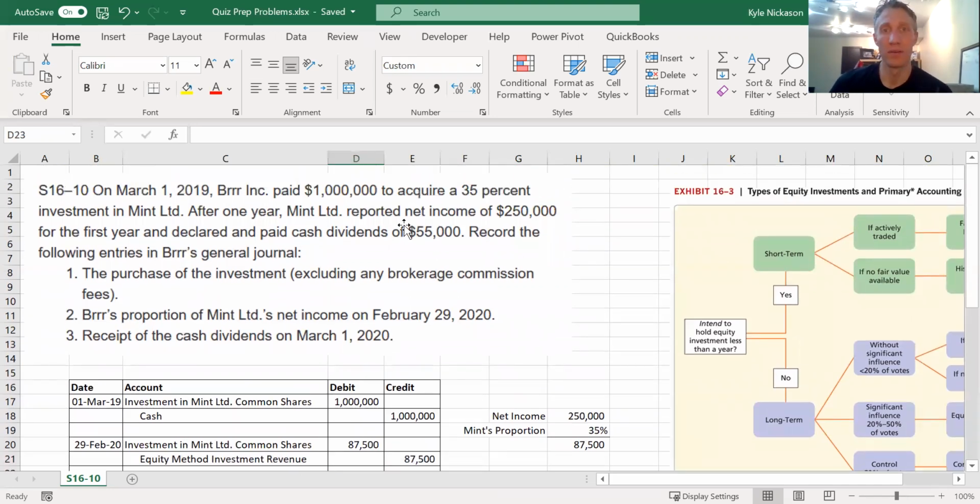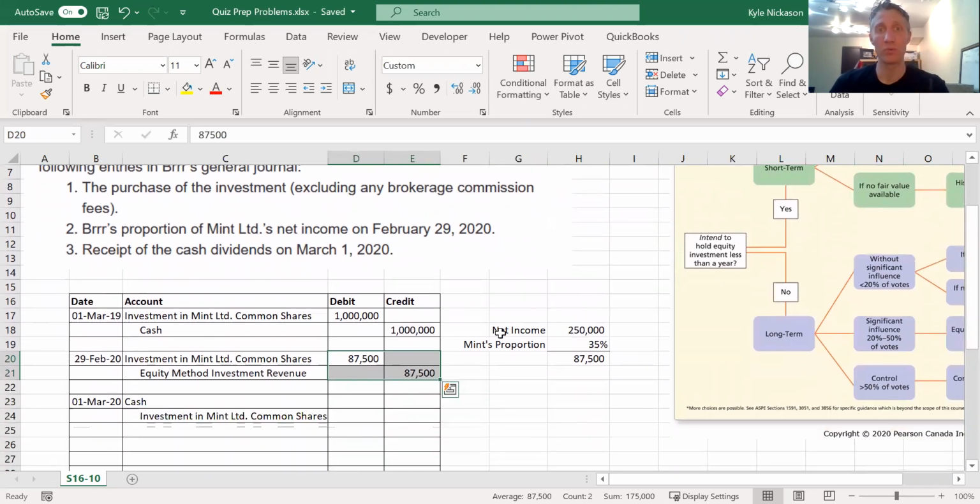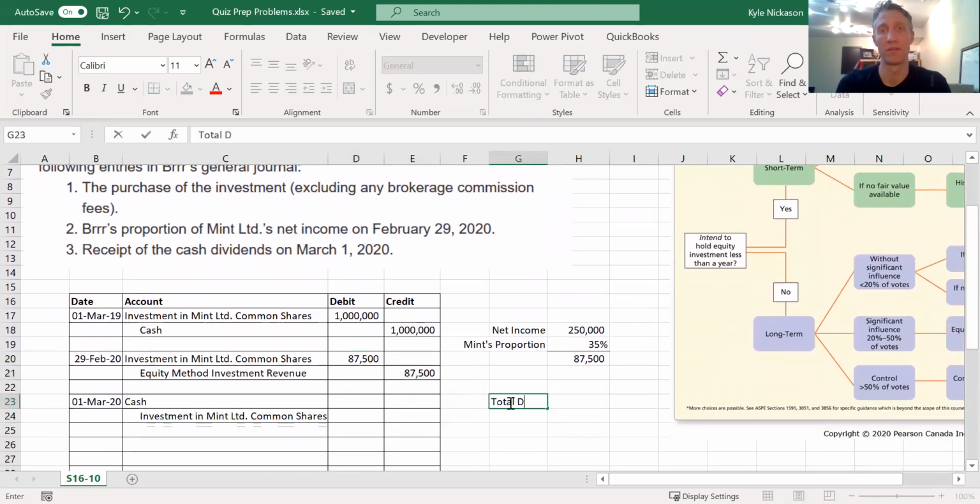So let's see. For the first year, after 1 year, Mint Limited reported net income of $250,000. We've dealt with that here. And then declared and paid cash dividends of $55,000. So total dividends were $55,000.